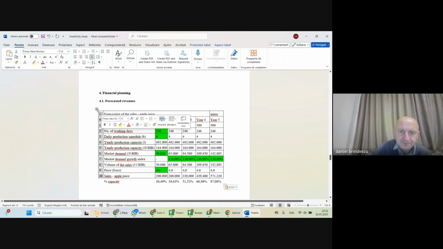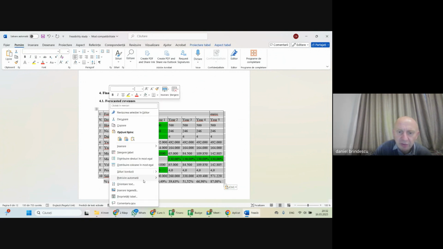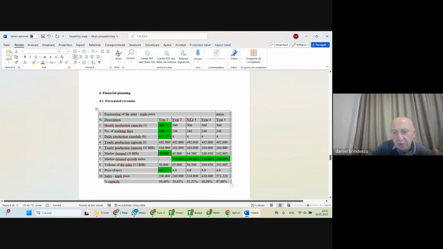Arrange the tables in your Word document. Of course, as you can see, the page is not that large.